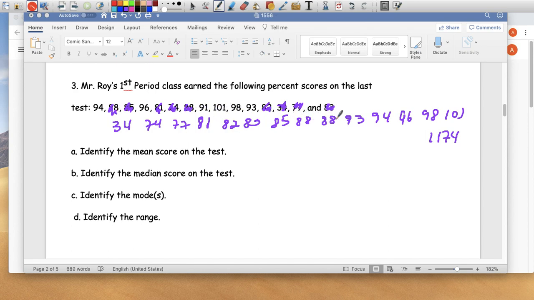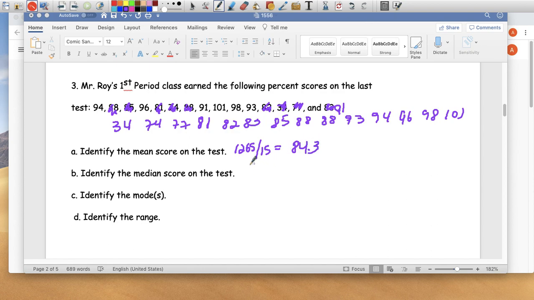And I'm missing 91. Okay, here's 91. So 1174 plus 91 divided by 15, it looks like 84.33. So if I add all of them up, my mean is 1265 divided by 15, and I get 84.3.